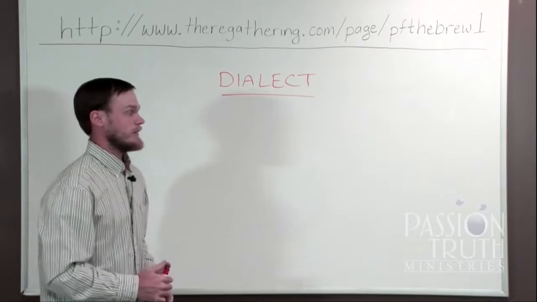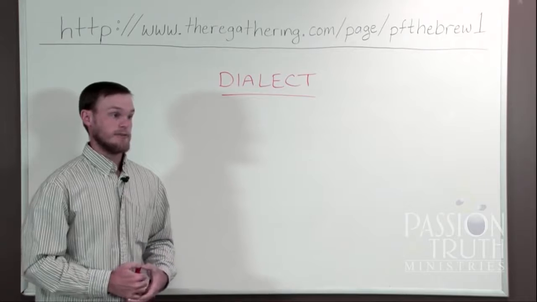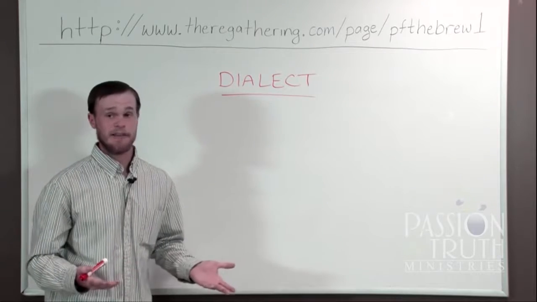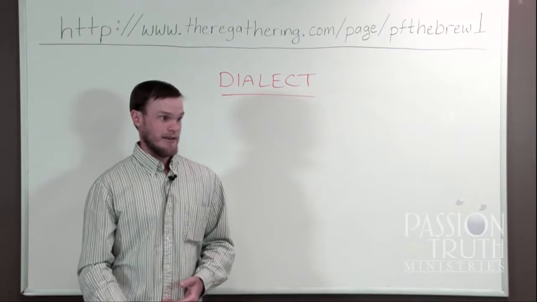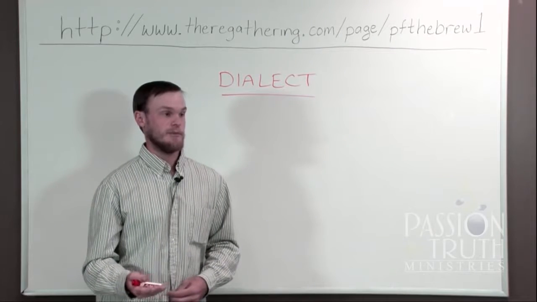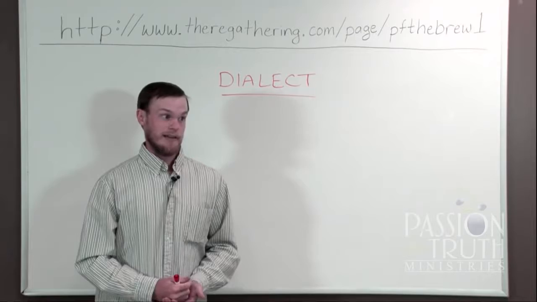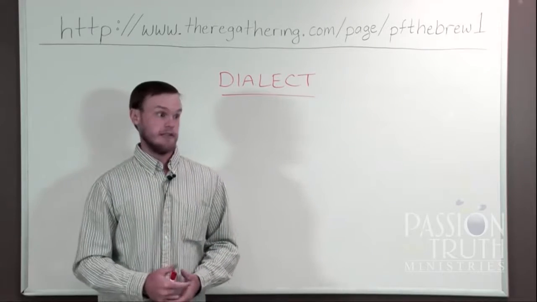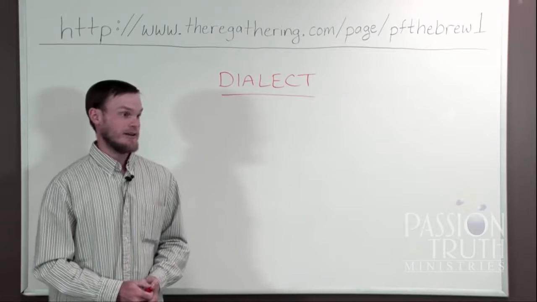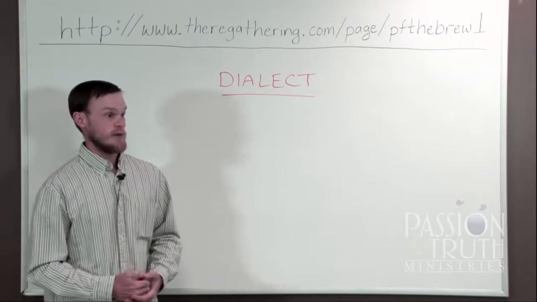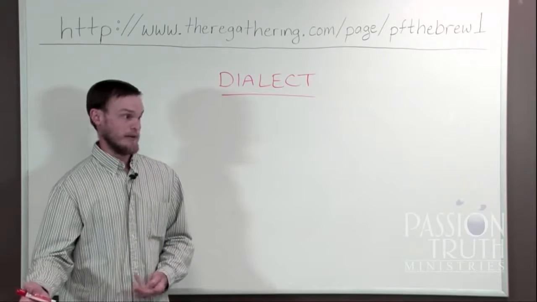So, for example, the English language has different dialects. I don't know if they have any technical names, but we all know that somebody from North Carolina speaks differently than somebody from Minnesota, who speaks differently from somebody in New Jersey. But they're all speaking English. All English, different dialects, and it's based on geography.